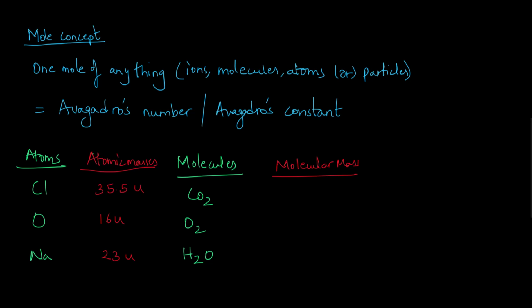For CO2, it has 12U for carbon plus 2 oxygens into 16U will give 44U. For oxygen molecule, 2 into 16U will give rise to 32U. Whereas for water, 2 into 1U plus 16U give rise to 18U. So this is about molecular mass and this is the atomic masses. I hope you understood what's atomic mass and molecular mass.